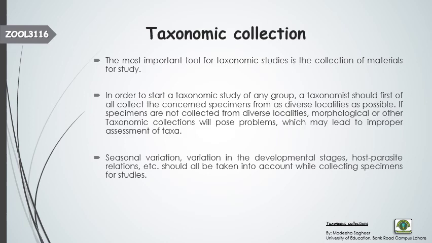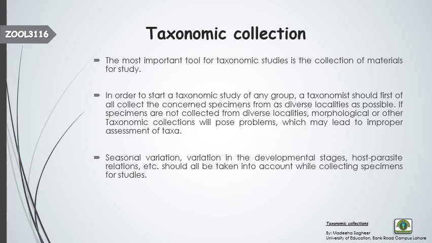If I visit a very small area and collect my specimen, what happens? The butterflies of other areas may belong to the same species as my specimen, but because of different habitats, they show different morphology. They show variation.